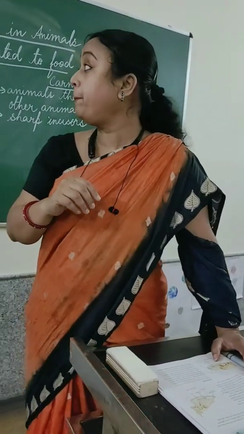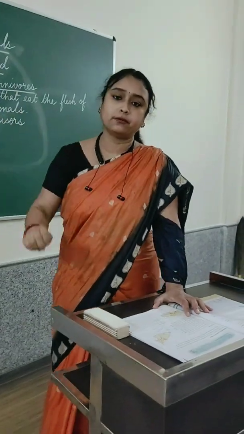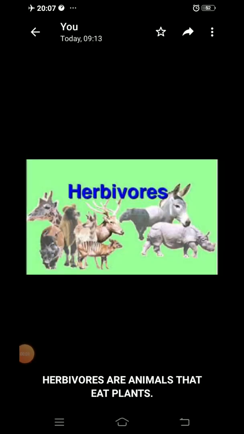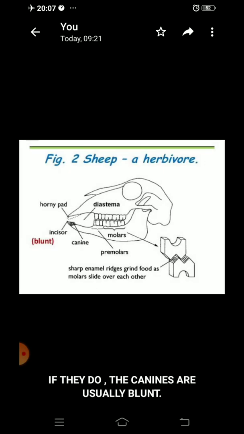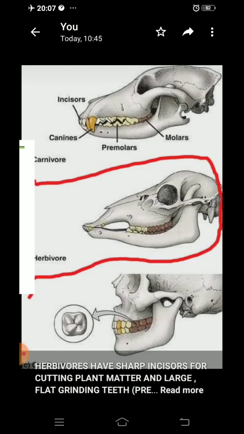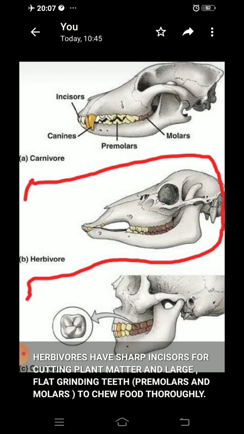Now I will show you some pictures of herbivores. Herbivores are animals that eat plants. Since they do not need to tear flesh, they usually do not have canines. If they do, the canines are usually blunt. Herbivores have sharp incisors for cutting plant matter and large flat grinding teeth, that is, premolars and molars, to chew food thoroughly.